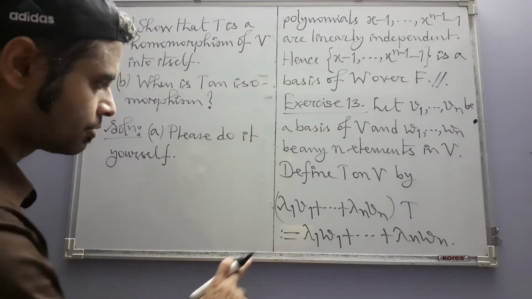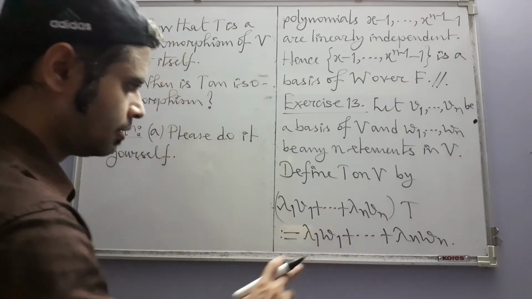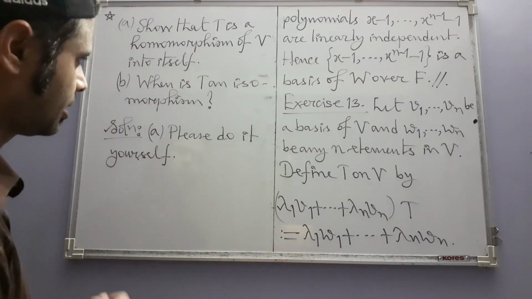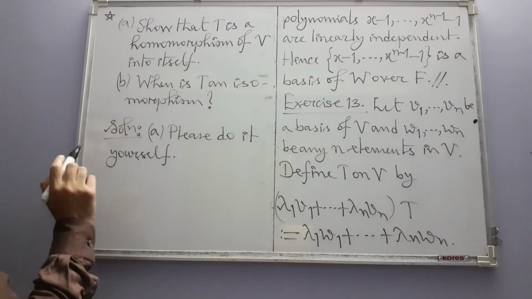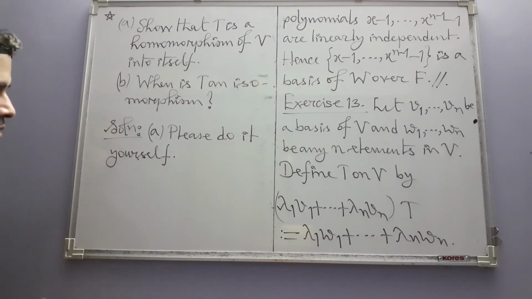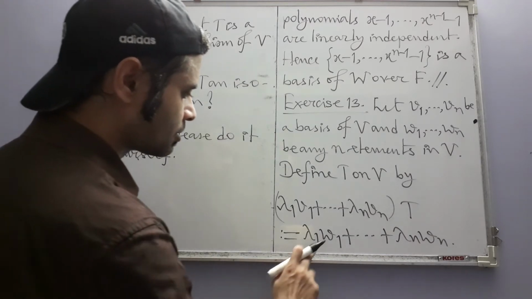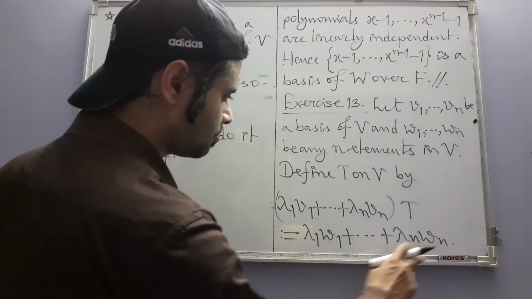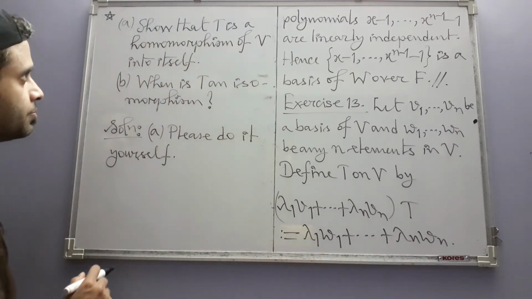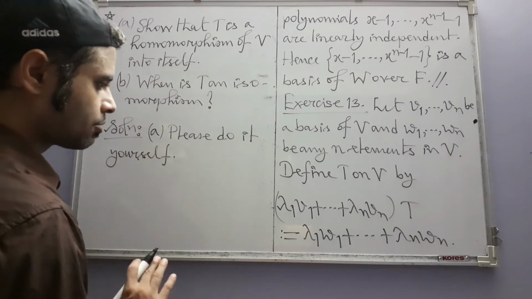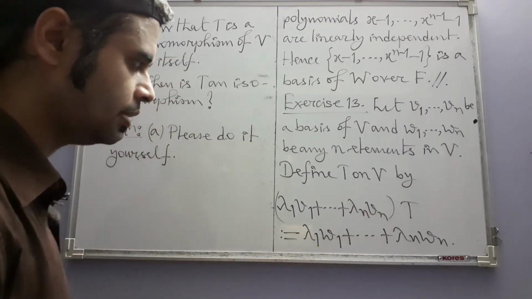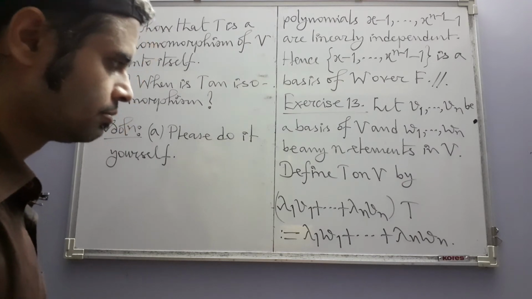And you also show that T respects scalar multiplication. So that's how you show that T is a homomorphism of V into itself. Into itself, of course, because the Wi's are also coming from V. So these outputs are again in V. And there is no question about the well-definedness of T.